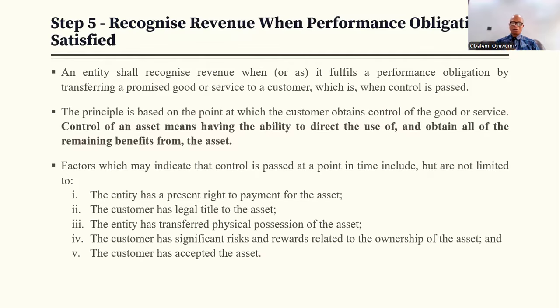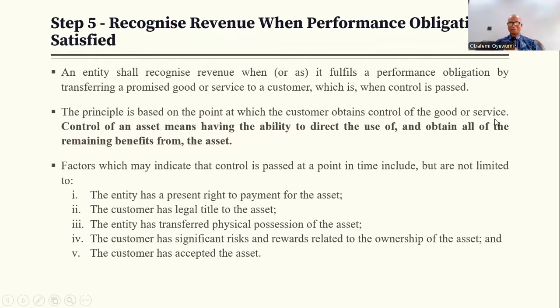Factors which may indicate that control is passed at a point in time include, but are not limited to, the following. We're going to be talking about recognition of revenue at a point in time and over time, subsequently. The principle is based on the point at which the customer obtains control of the good or service.